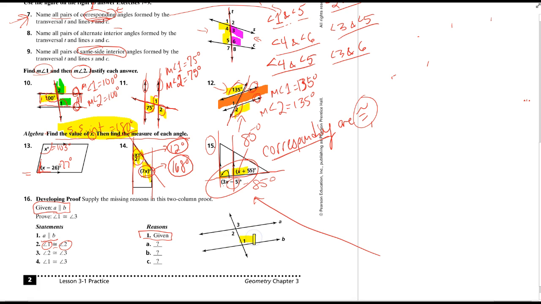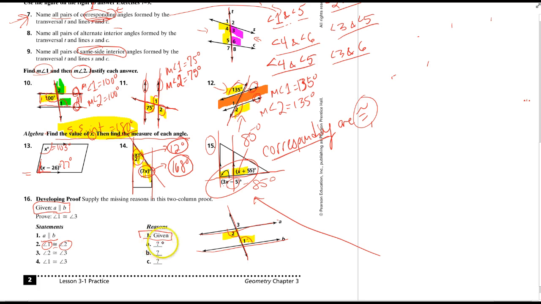I got angle 1 and angle 2. What's the relationship there? They're on alternate sides of the transversal, and they're on the interior of it. So, angle 1 and angle 2 are alternate interior angles. When the lines are parallel, which we know they are, alternate interior angles are congruent.